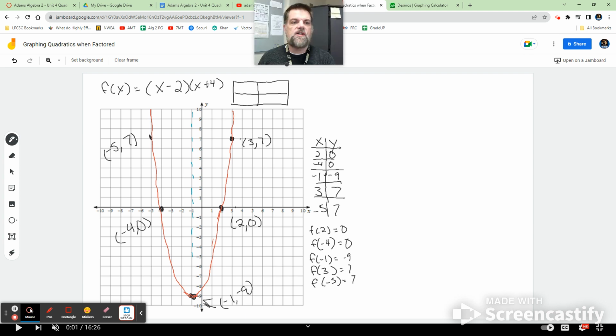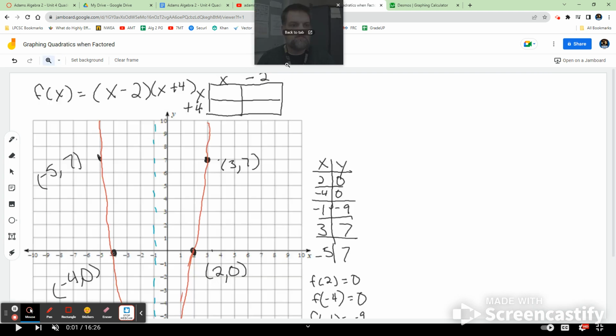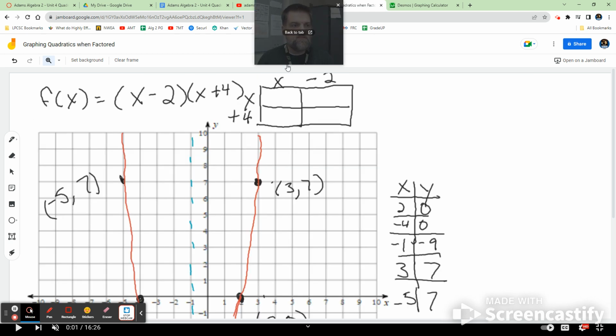So here's what I want you to do. On this little grid, I want you to write x minus 2, and then over here I want you to write x plus 4. And so we're going to multiply the row by the column.